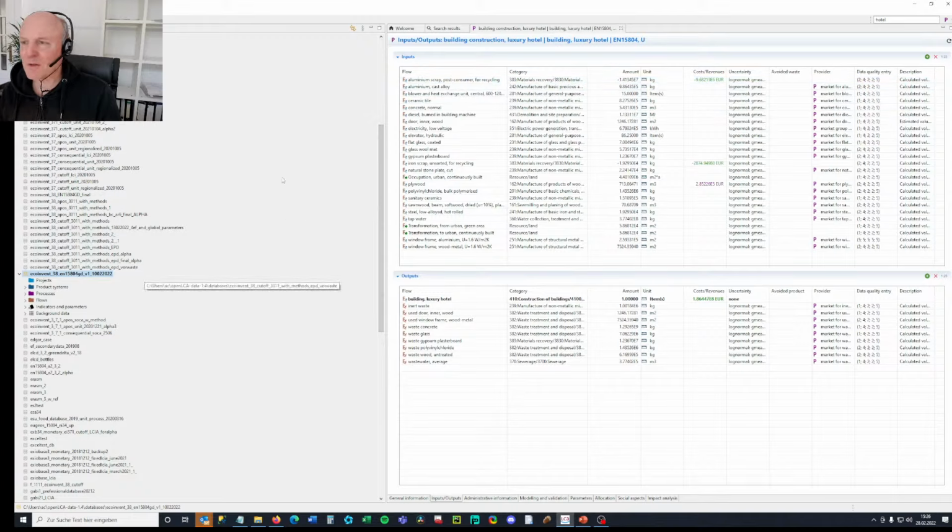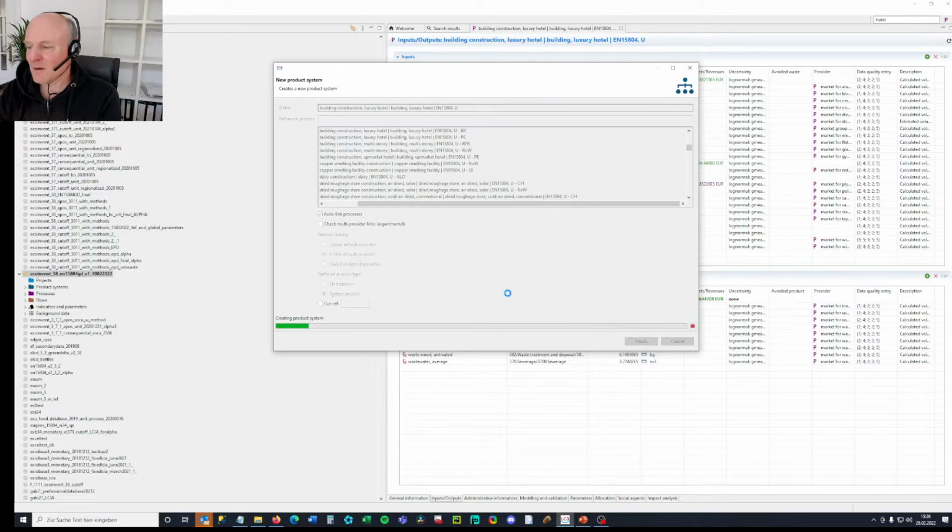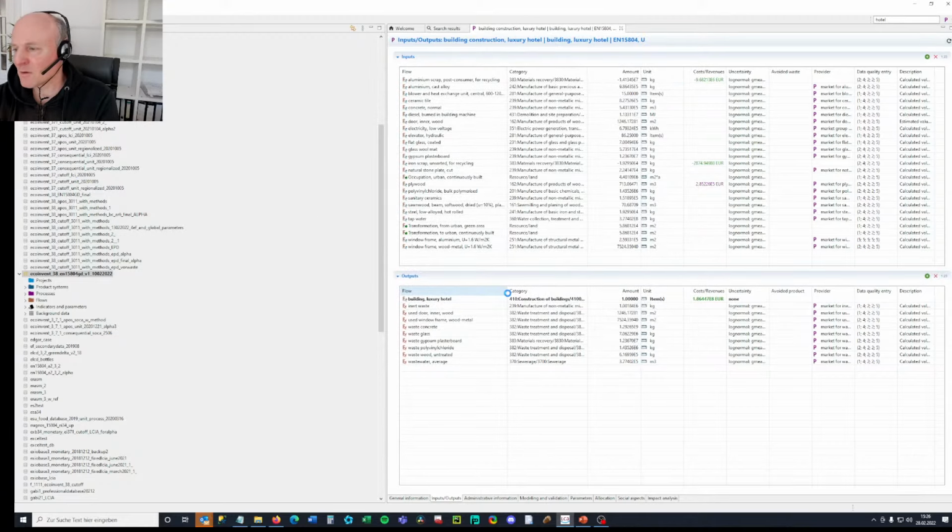And just to demonstrate this, I can make a product system out of it with default settings, so auto link also, so that I get the full supply chain. It takes a bit of time, of course, but it's quite fast.